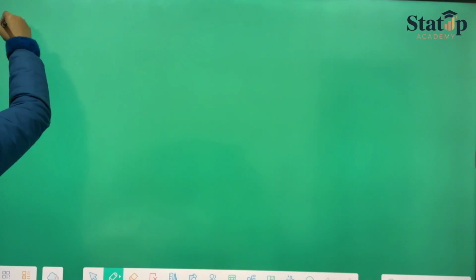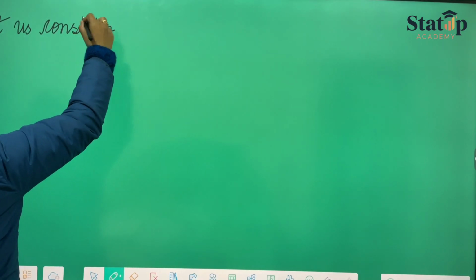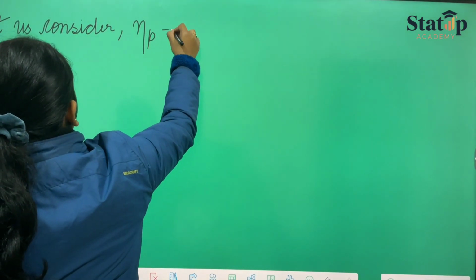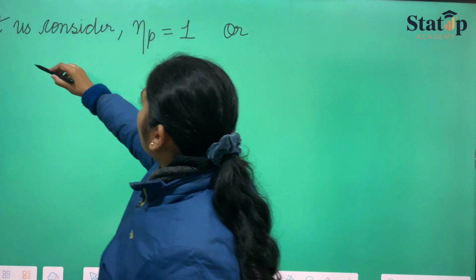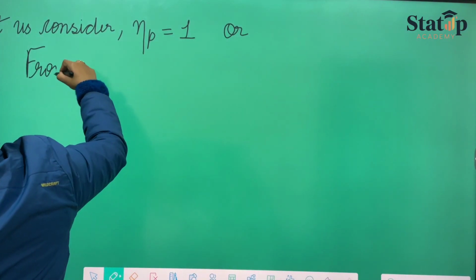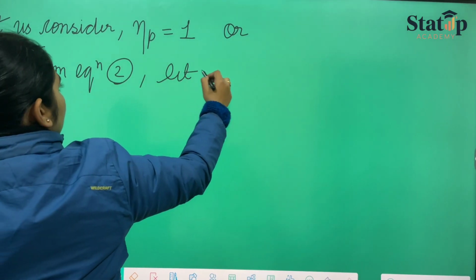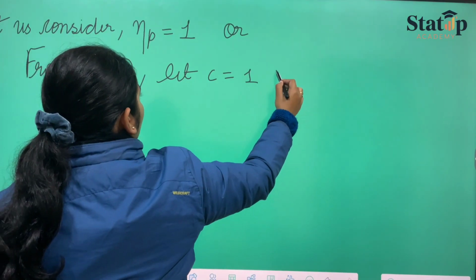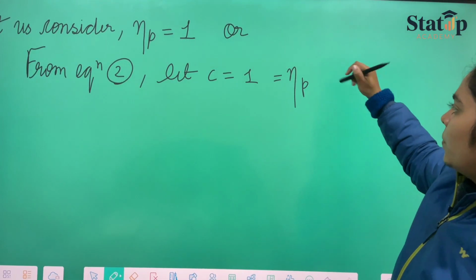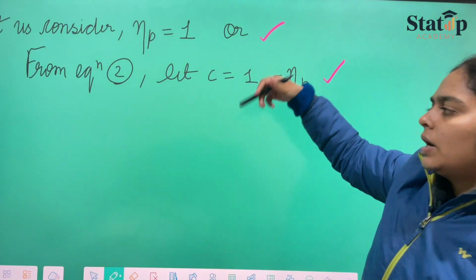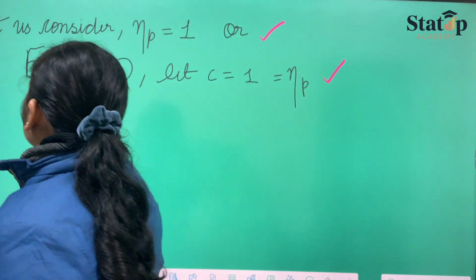Let us consider eta p equals 1, or we can also say from equation 2, let c equals 1, which is equal to eta p. This one is much better than that, or you can write either of them. In the question it has been stated. We are not taking it from our side.